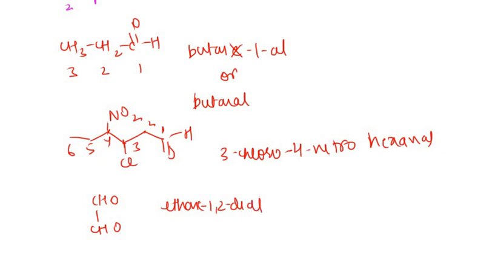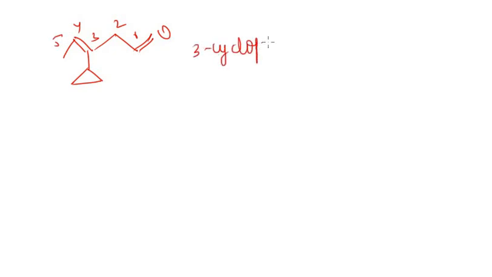Now if I give you one more compound, let's say one more substituent we have, 1, 2, 3, 4, 5, 3 cyclopropyl pent 3 en 1 al. Now E and L are coming adjacent. Now we will be omitting that E.